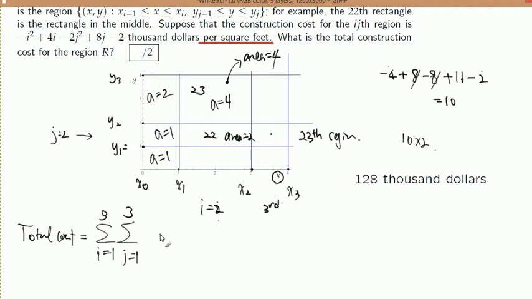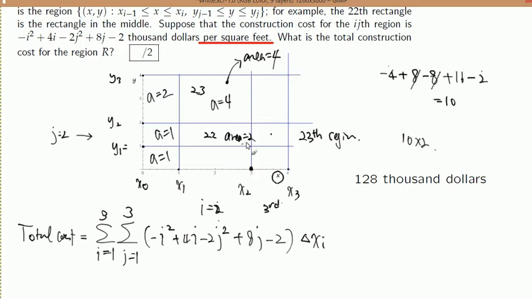So first, the rate is negative i squared plus 4i minus 2j squared plus 8j minus 2. That's the cost per square feet. Now you have to multiply by the area of this region, right? How do you write the area? If you're in, for example, the ith interval for x, it will be x_i minus x_{i-1}. That's delta x_i notation, right?